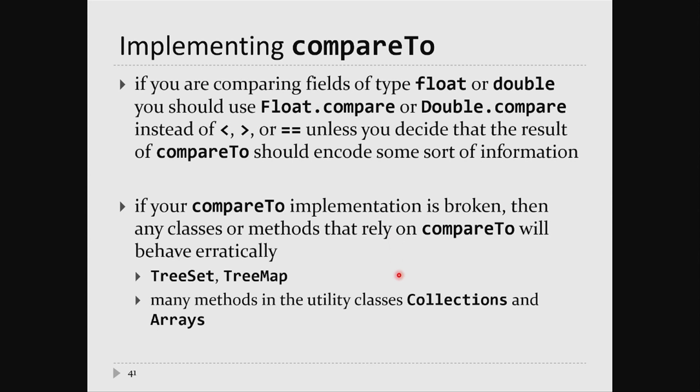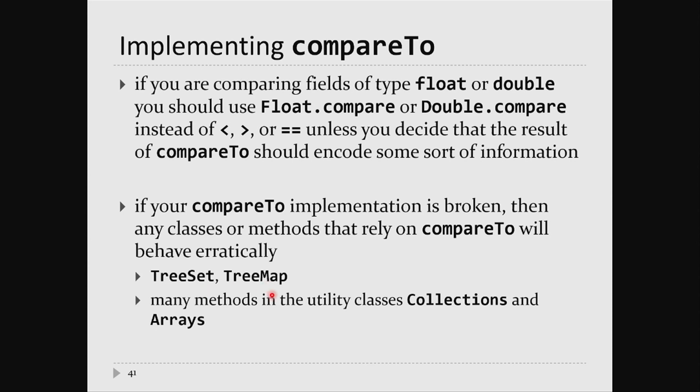Now it's easy to implement compareTo. It's also easy to implement a bad, incorrect version of compareTo. The problem is if you implement an incorrect version of compareTo, a whole bunch of things start to break. For example, if you try to put your objects into a TreeSet, suddenly you get strange behavior.